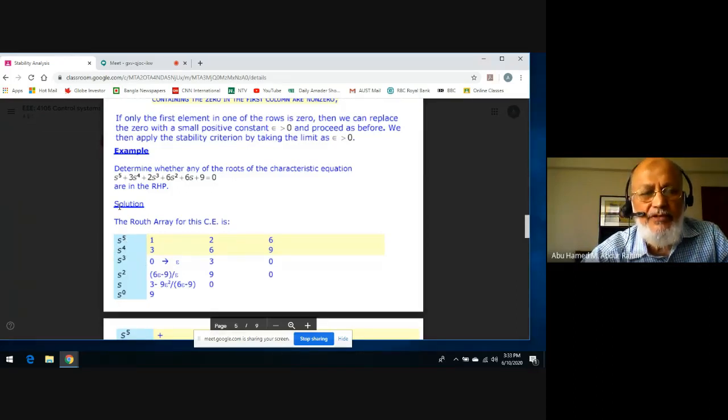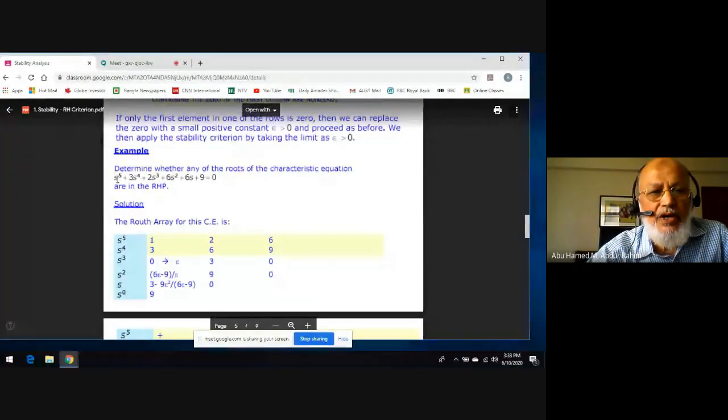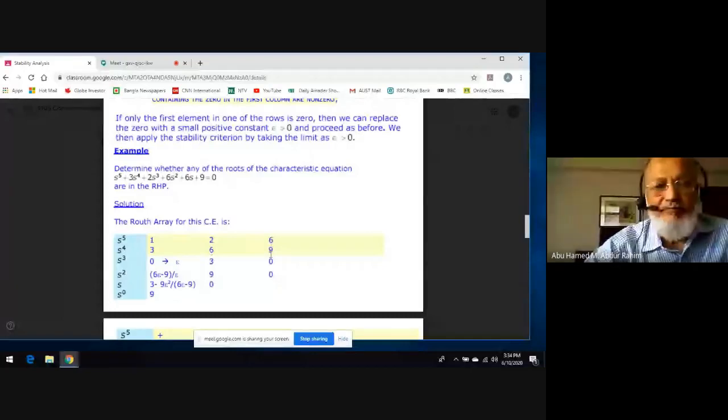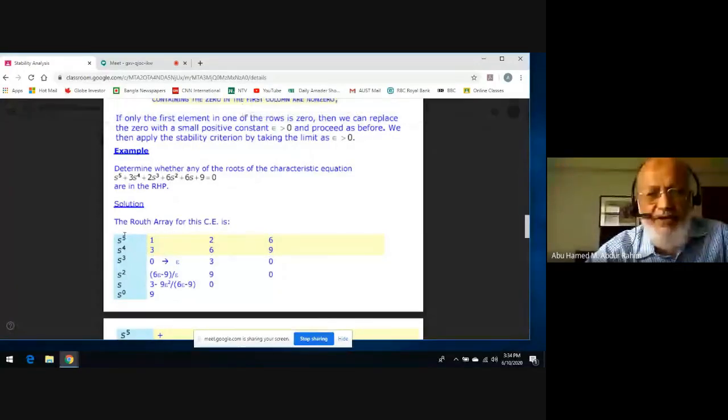Now the first two rows are made from the coefficients like this: 1, 3, 2, 6, 6, 9. So 1, 3, go up again, 2, 6, go up again, 6, 9. The first two rows are made and the column is already here.